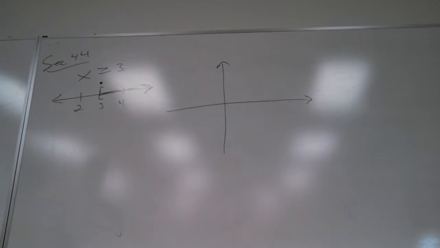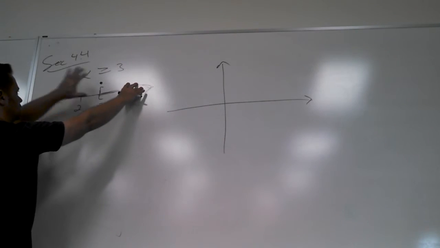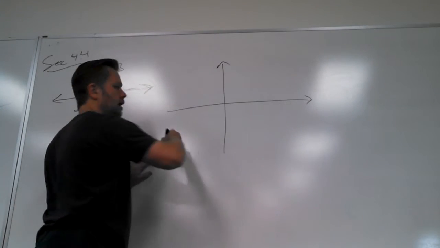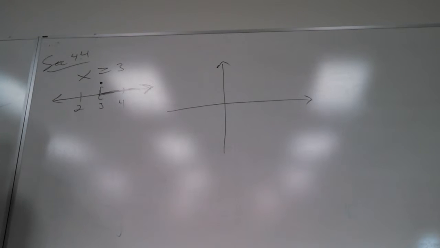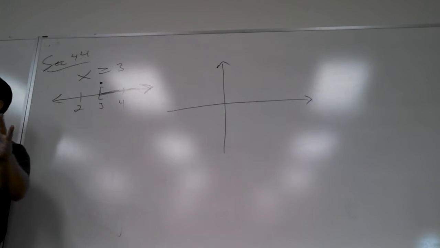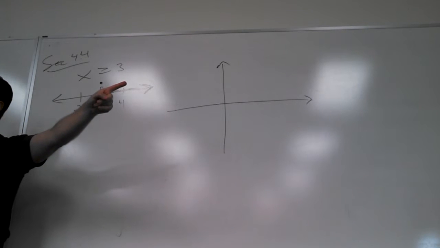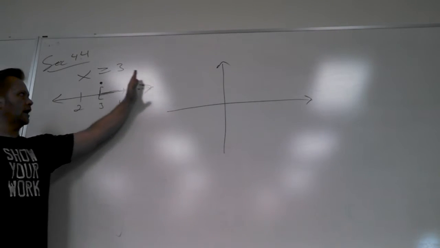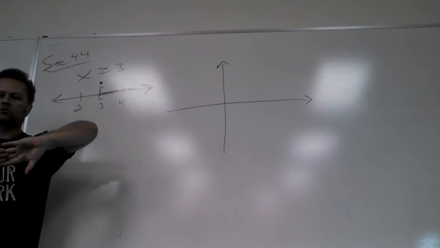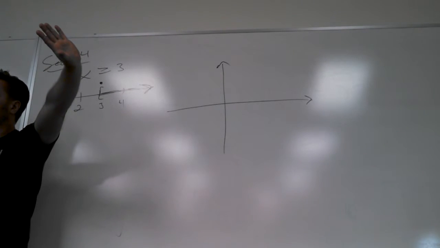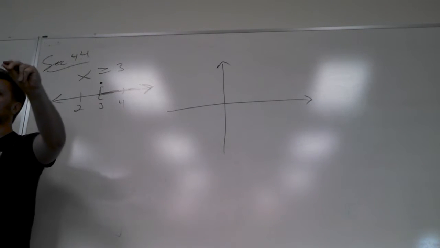Are you with me? So that's how I cut it in half, and I say, here's the answers to the non-answers. To cut this in half, I need a line, and then I can shade one side or the other. It's the same idea, it's just now that I'm in 2 dimensions, I've got all these other ways I can go. So it's not just going to be one line of shading, it's going to be a whole area of shading. So what the hell is that going to look like?